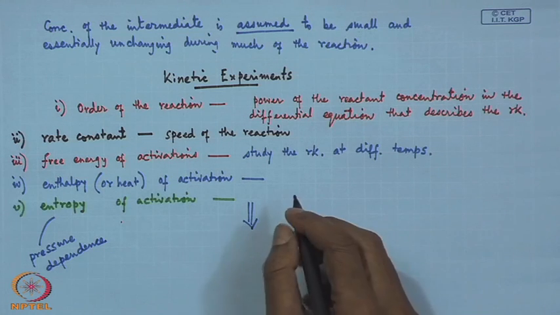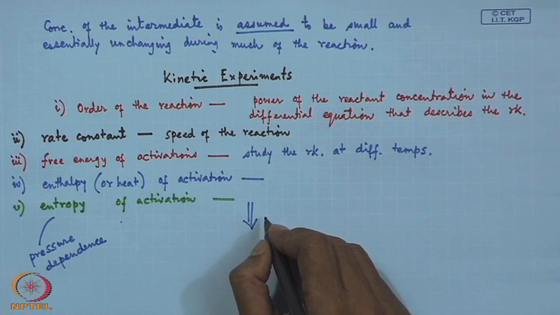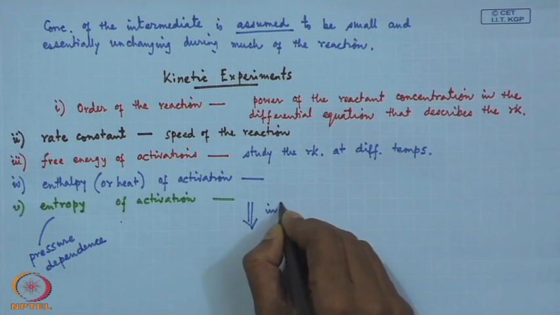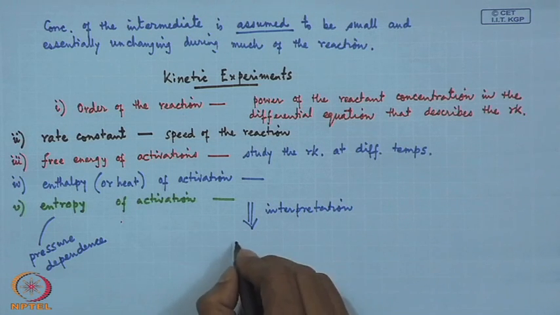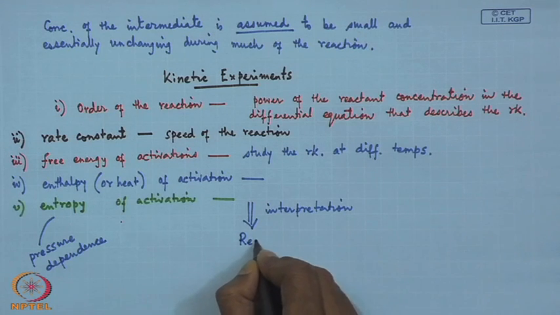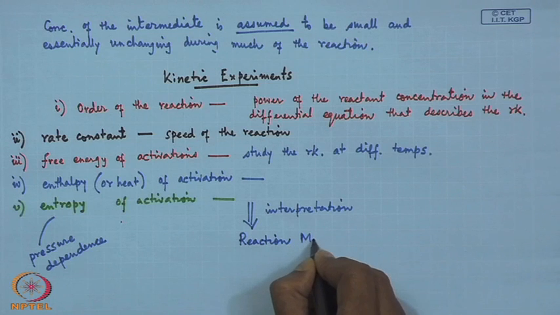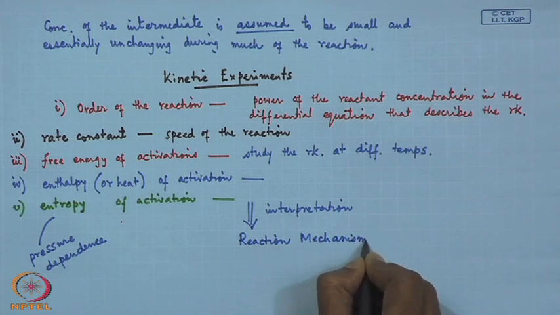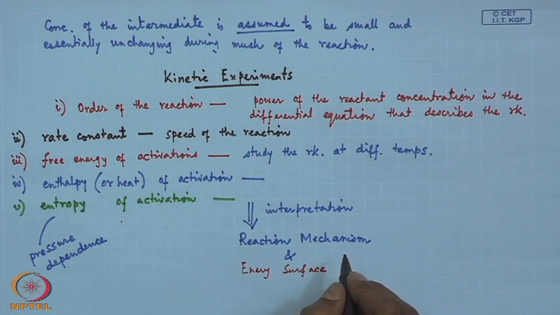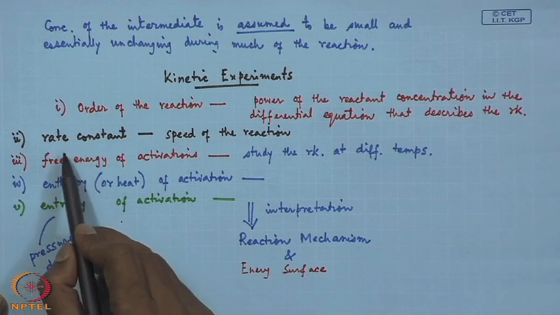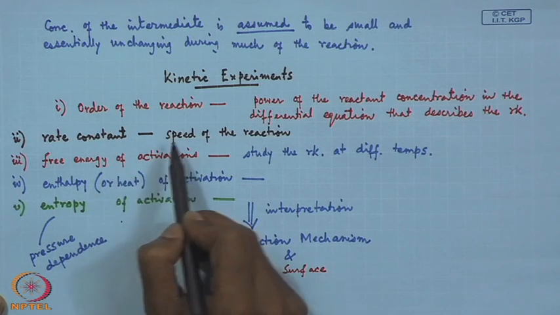So, if we get all these values in our hand, we can further interpret all these data, which gives us the corresponding reaction mechanism, along with the corresponding energy surface of the reaction.